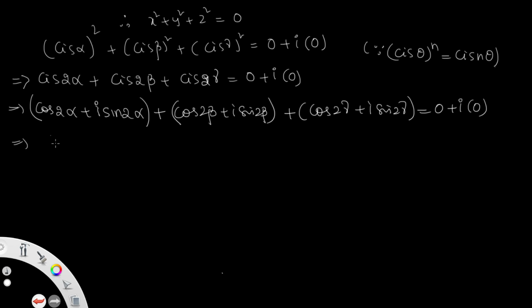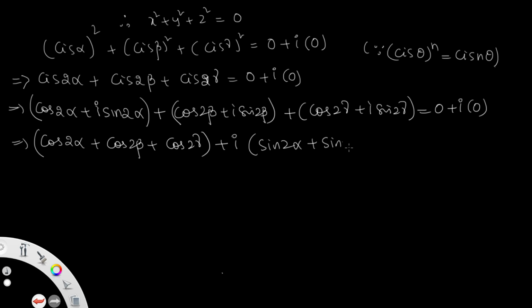So real parts to one side: cos 2 alpha plus cos 2 beta plus cos 2 gamma, plus i into sine 2 alpha plus sine 2 beta plus sine 2 gamma, equal to 0 plus i into 0.